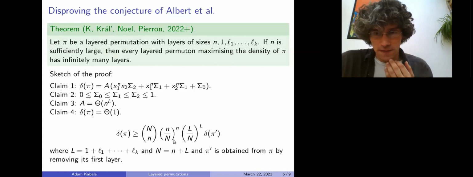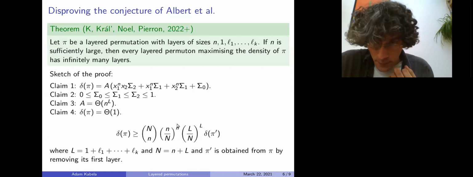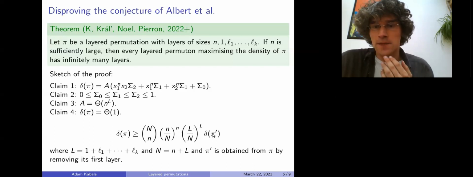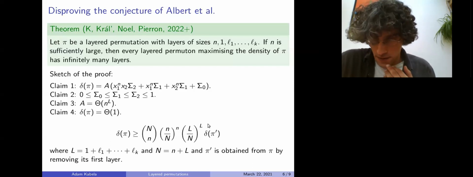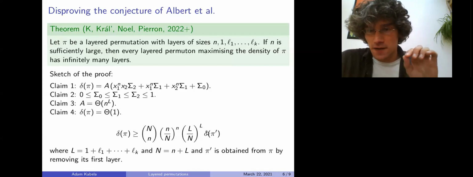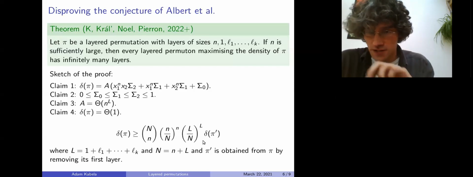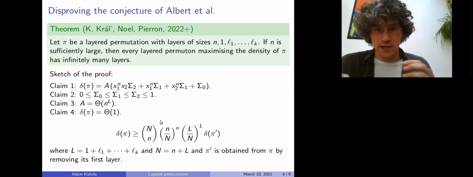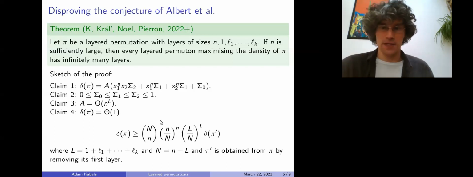So this is what this term is about. This is the probability of sampling n points from the long first layer. This is the probability of sampling L points from the remainder times the probability that this remainder gives permutation pi prime. And this is just a factor on how this could be sampled.